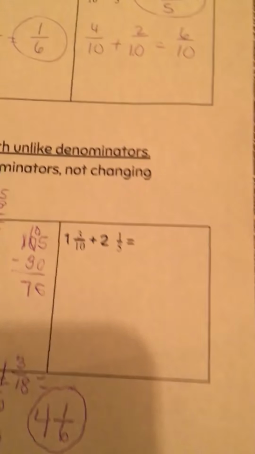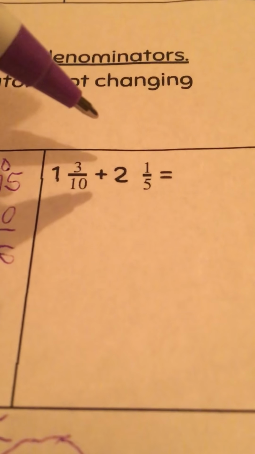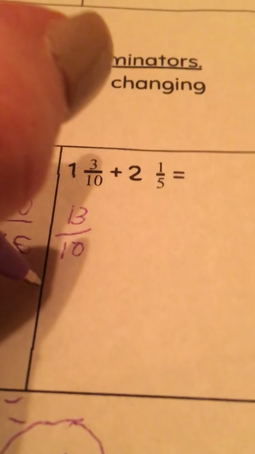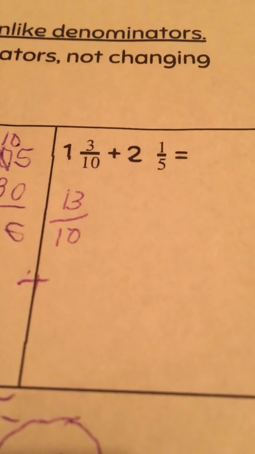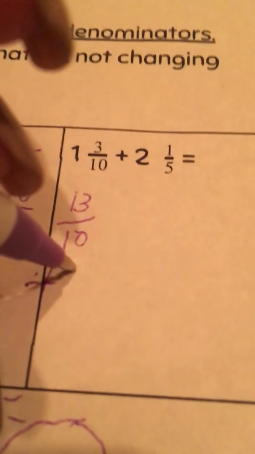All right, last one on this one, and yes, these are tough ones, is going to be 1 3/10 plus 2 1/5. So we're going to make this 10 plus 3 is 13/10 plus 10 plus 1 is 11/5.